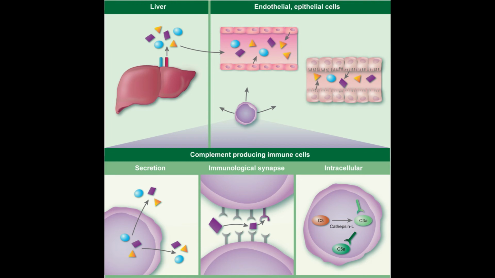One such means of activation is the classical pathway, which is triggered by antigen-antibody combination and involves nine of the proteins. The alternative pathway acts as a natural means of defense against infection. It is triggered not by antigen-antibody combination but by the presence of microorganisms.